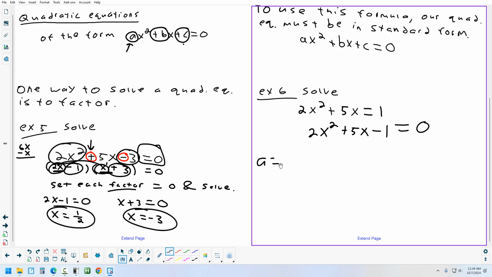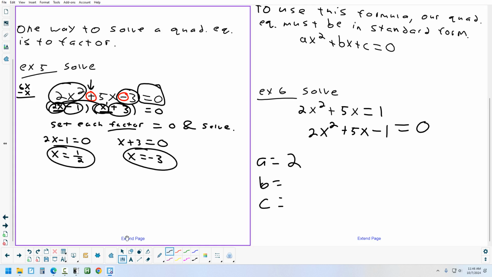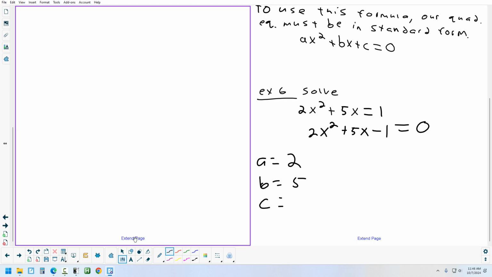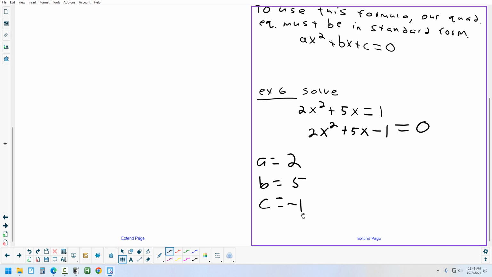Okay, now just make sure we know what's what. What's a going to be when we fill in? 2. Yep, a is 2. And b? 5. B is 5. And c? The negative 1. Negative 1. Yep.